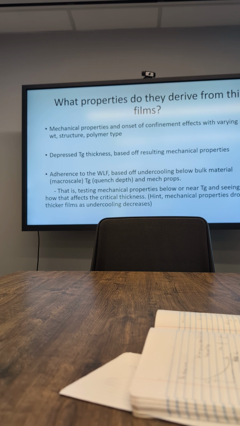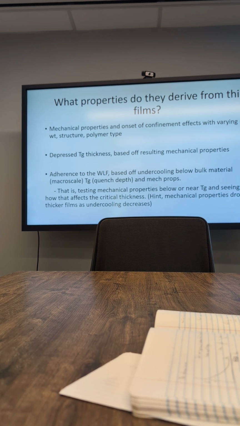If you start at a very thick film, say 200 or 300 nanometers, then slowly go down stepwise, at a certain point, depending on the polymer and the temperature, you will have a relatively sharp transition in thickness at which these properties deviate. You usually get a decrease in elastic modulus. And as I said, it depends on the polymer too.